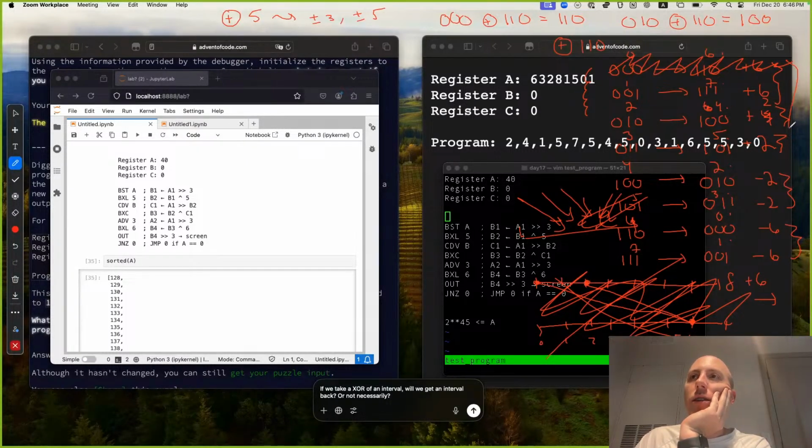Basically, as you enumerate the digits of the XOR operand, those are all going to be unique. There's no XORing of two things 3 bits long that's going to give you the same thing.